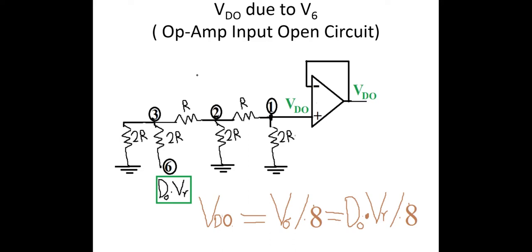And when we analyze this circuit, we obtain the expression for VD0 equal to VR by 8. So now we have all the three voltages which we need to find V0.